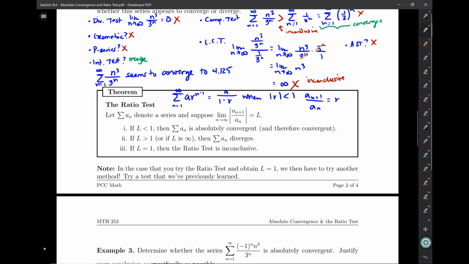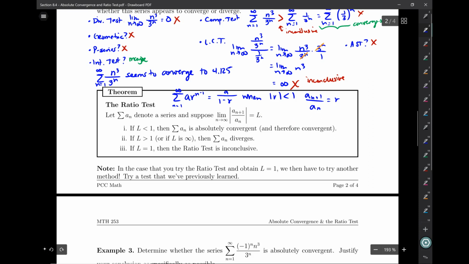So the ratio test uses that idea in that if we look at the ratio of consecutive terms for larger and larger n values, this will start to approach, potentially, some limit L, which will basically be like what that geometric factor is.